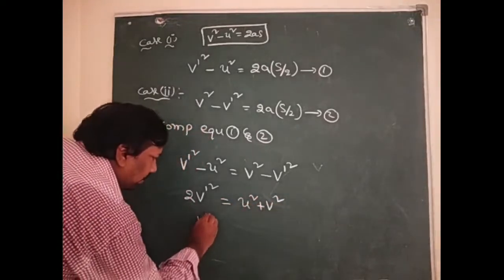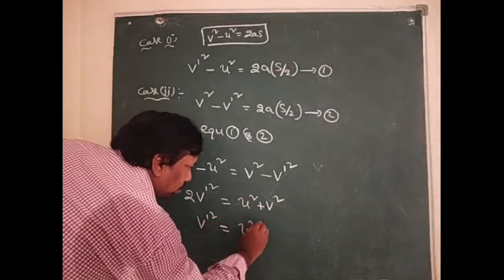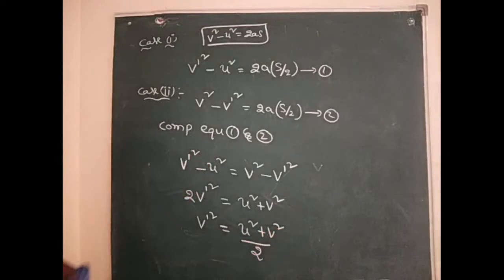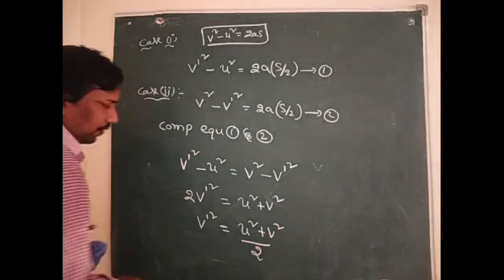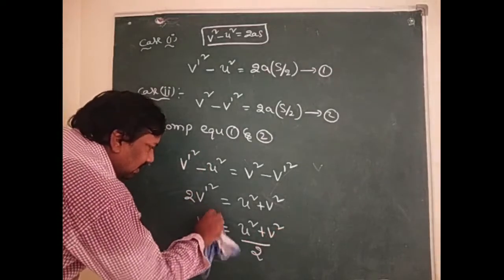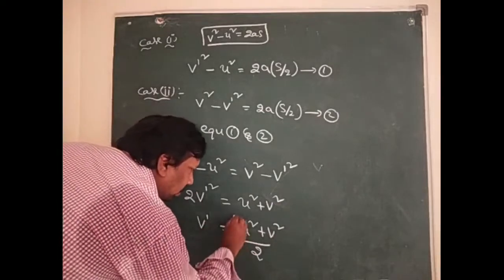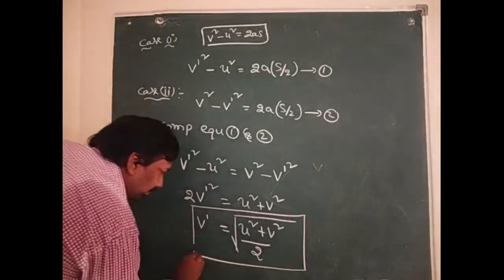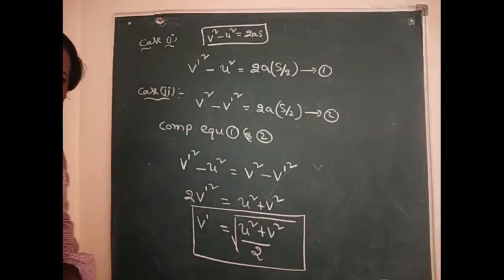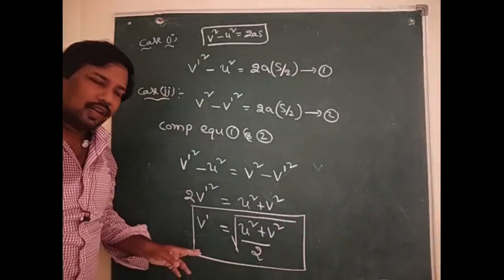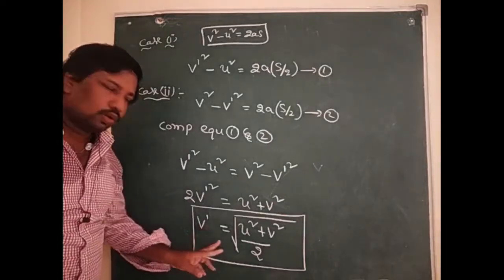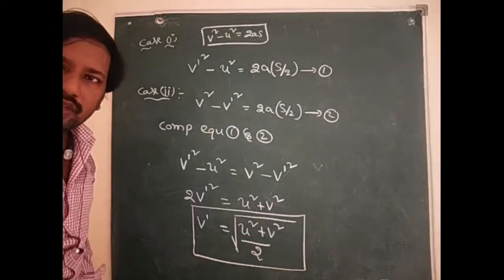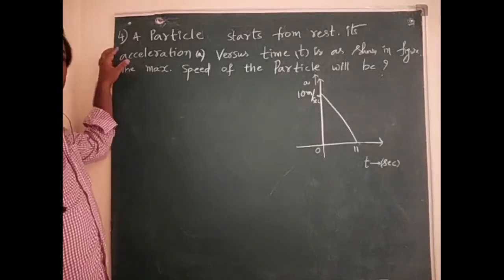So therefore v dash square equal to u square plus v square by 2. Now v dash is the square root of u square plus v square by 2. So this is the velocity at the middle point of the distance between the 2 points: v dash equals root over u square plus v square by 2. Completed.